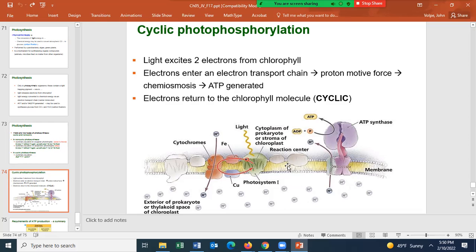In bacteria, which do not have chloroplasts, this happens on the cell membrane. Any questions about that? The hydrogen ions are moved from inside the cell to the outside, creating the hydrogen gradient.